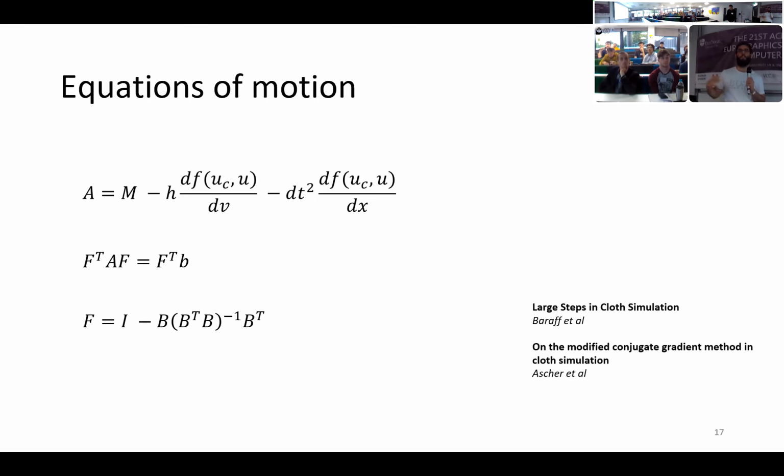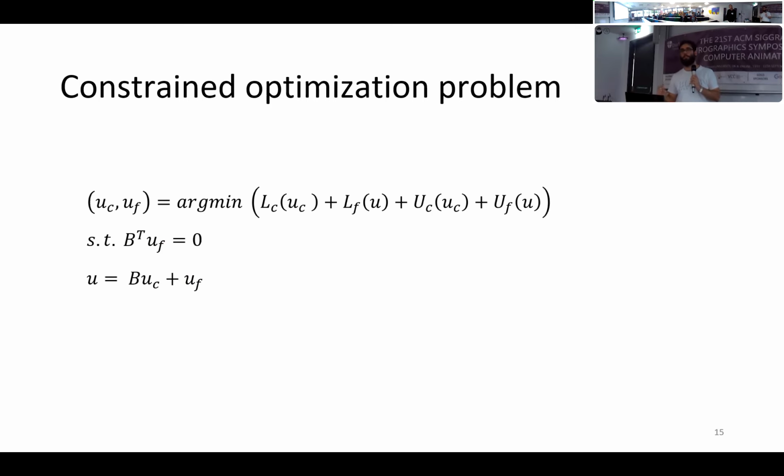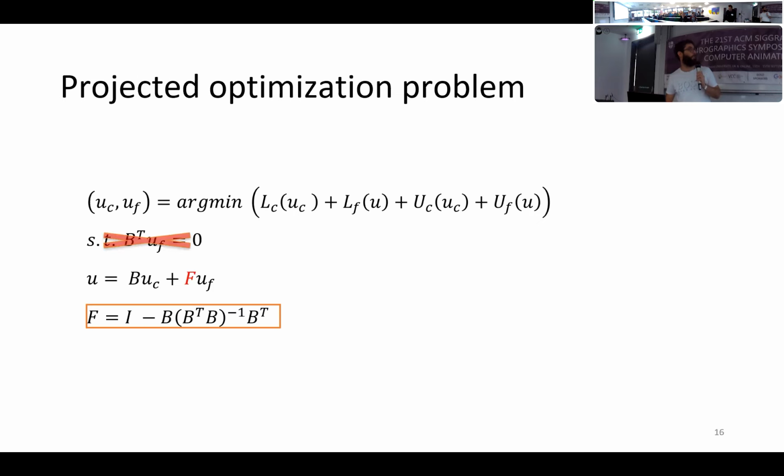We just solve both at the same time. Right, but you have constraints. Yes, we have constraints, and they have to be complementary. The fine offsets cannot undo what the coarse motion has done. But instead of applying this constraint directly, we embed the constraint in the kinematic definition. That is why we don't need to use a constraint solver, but we have to use a modified version of the conjugate gradient solver.